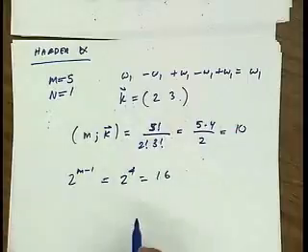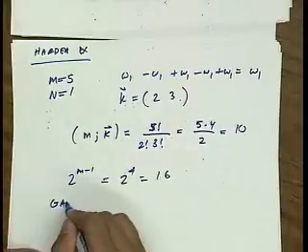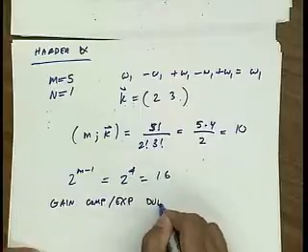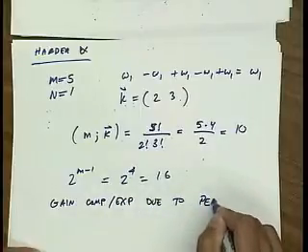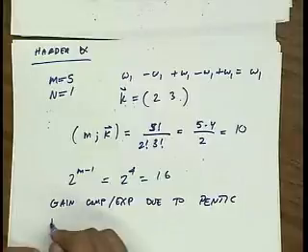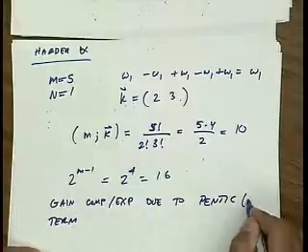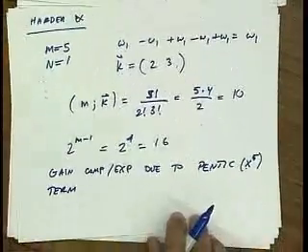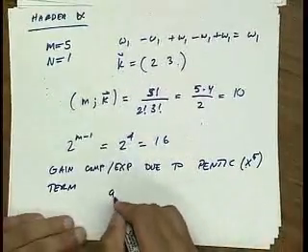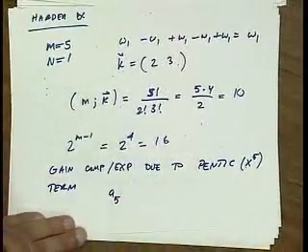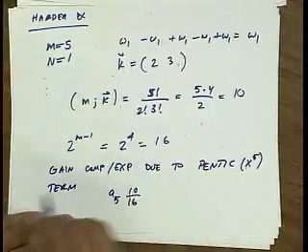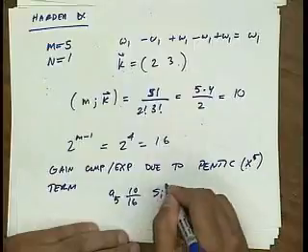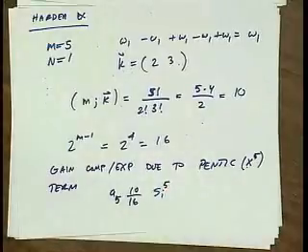So now I can say, let's say I'm interested in the gain compression, or expansion due to the pentic term. Pentic means x to the 5, right, as opposed to cubic. And I can see that that term will look like A5 10 over 16 S input to the 5th power.